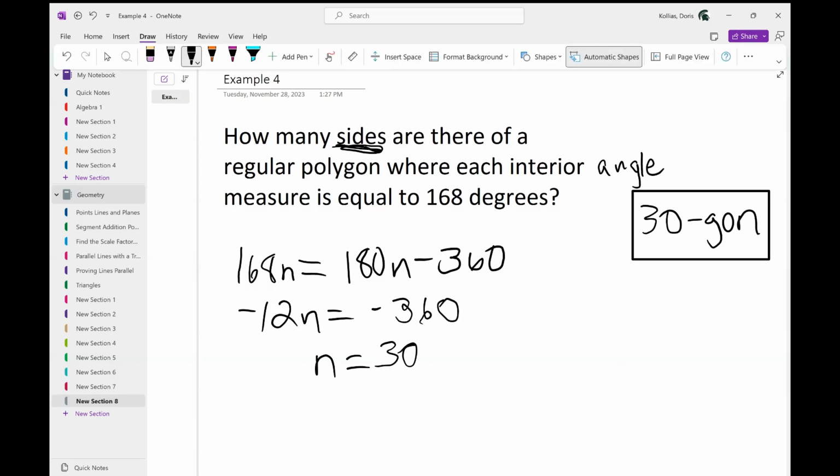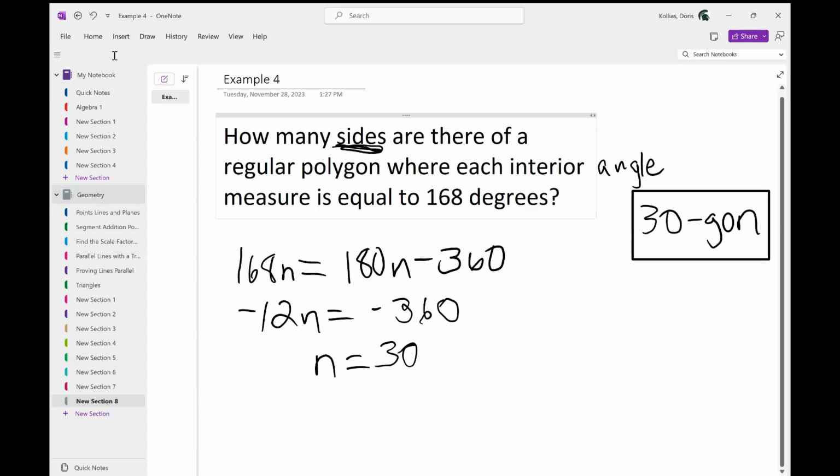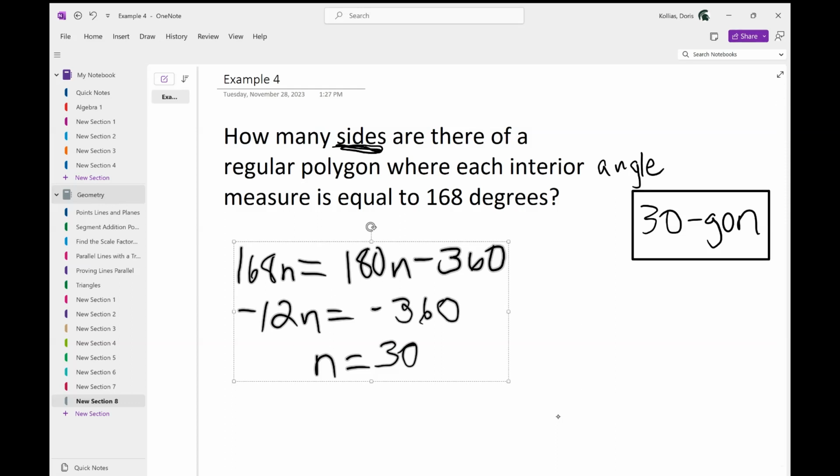Well, if we just think about finding the difference between the given angle measure and 180, which is this 12n on the left, right? If all we do is find the difference between 180 and the given angle measure, we can divide 360 by that difference.